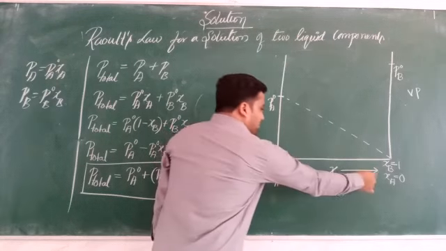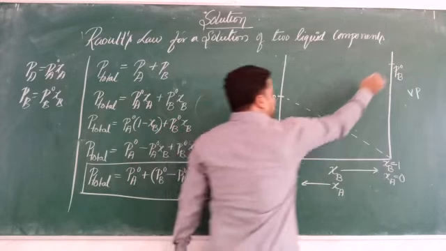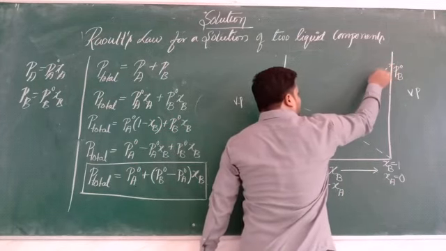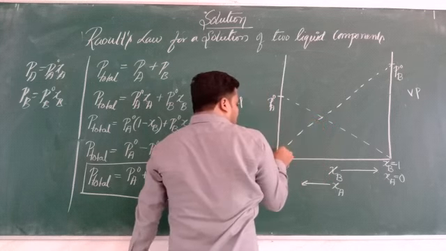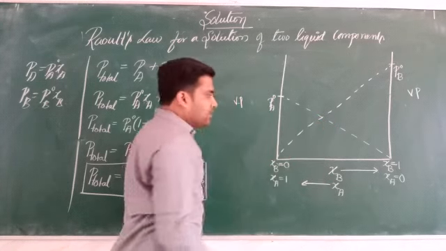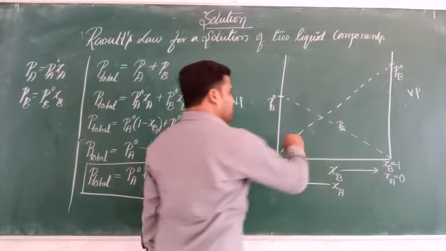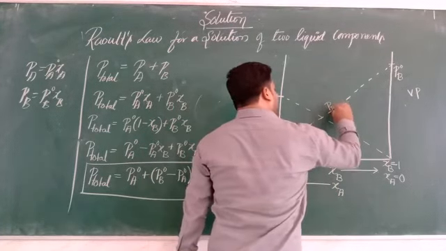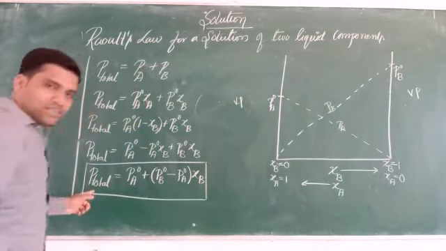Okay, now if you go on adding component A, then the partial vapor pressure of component B decreases. Are you following? So this is PA, partial pressure of component A. This is PB, partial pressure of component B. Okay, now ನೋಡಿರೋದು total solution.